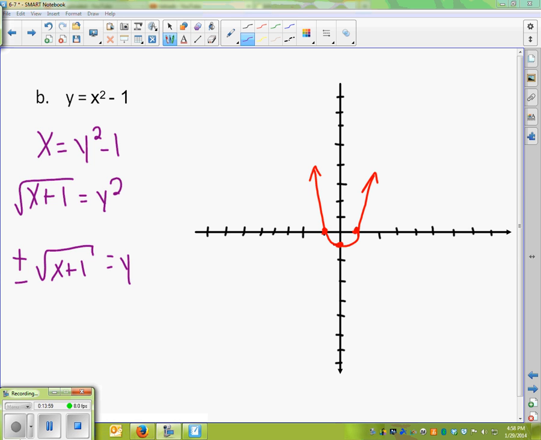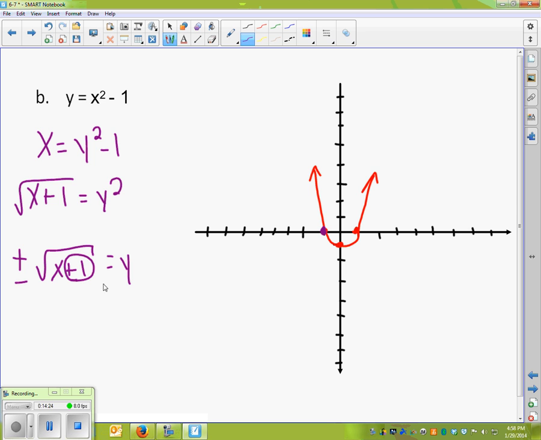This is my work. I switched x and y. I added the 1 over. To get rid of the square, I took a square root. And whenever I take the square root, I consider both the positive and the negative side. The x plus 1, the one on the inside, tells me to move left 1 unit.